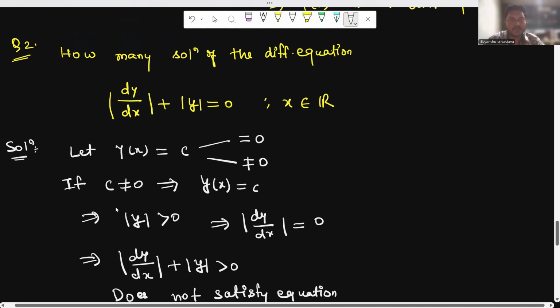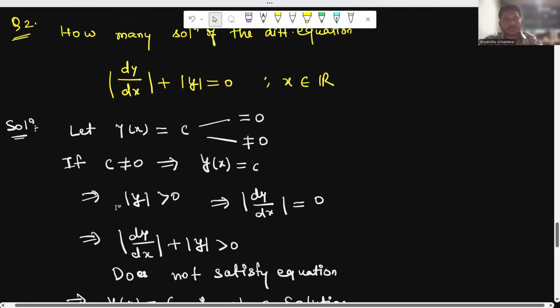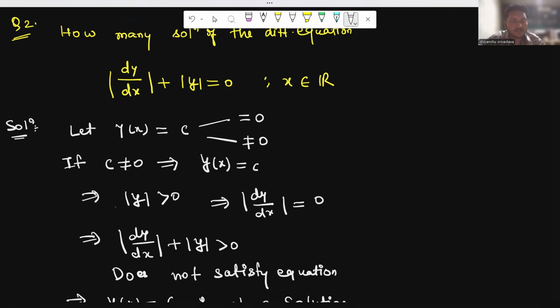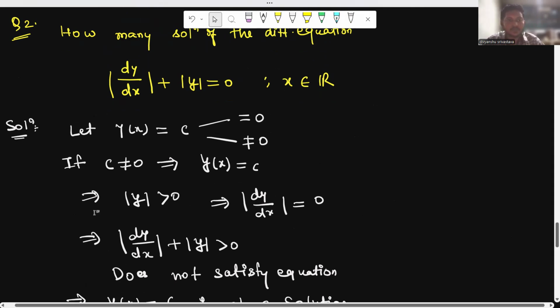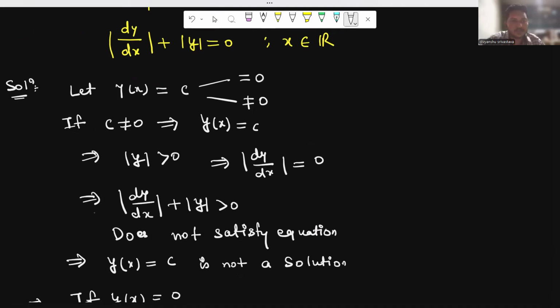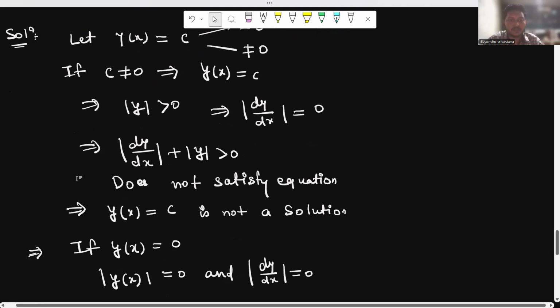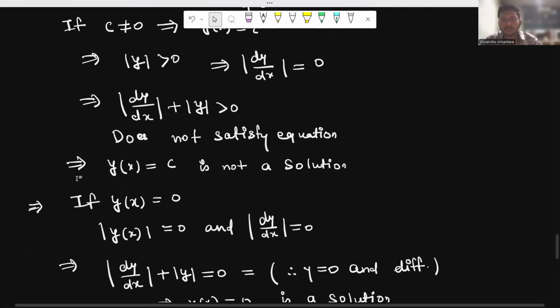Okay. And here the modulus of y is greater than 0 and dy/dx is equal to 0. So for dy/dx, and the modulus of y which is also greater than 0, this does not satisfy the equation. Now go for y(x) equal to c. That is not a solution.